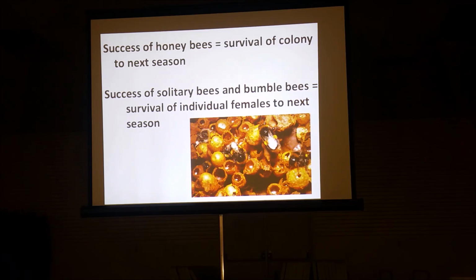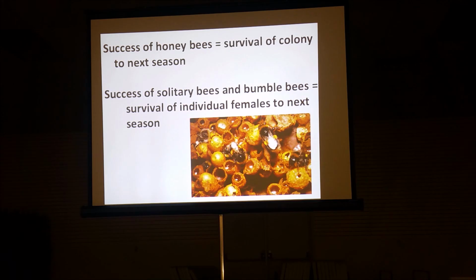So with the solitary bees, you've got to have a lot of females. The bumblebees, in the fall, switch and produce a lot of queens and send them out, and they mate. They produce males and females, they mate, and then the queens start the colony in the spring. That's what you'll see very soon here.